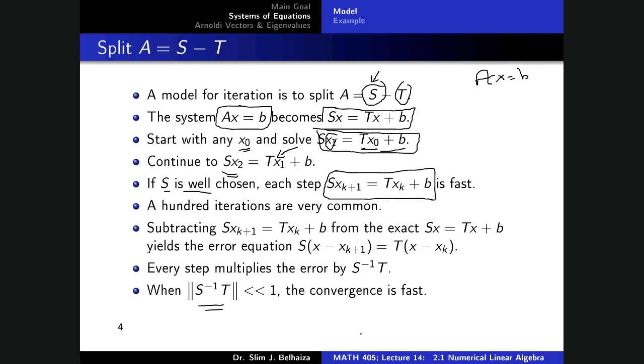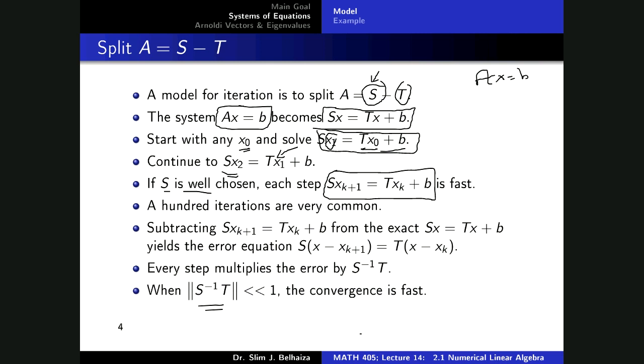It's very common that iterations take a couple of hundreds of iterations to reach stability. Stability means that you have the same solution xk or xk plus 1 that is stable, that is repeated.